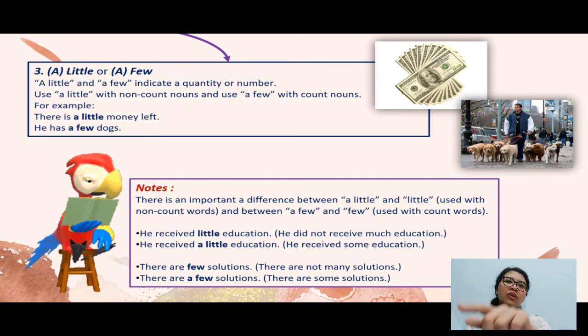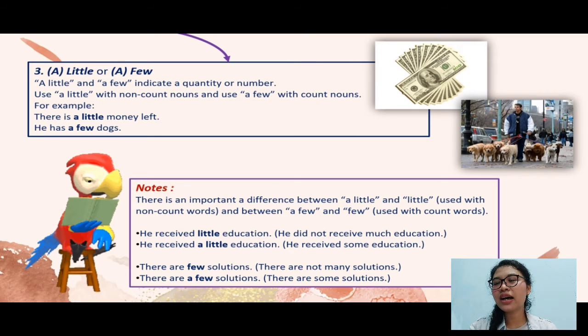So yeah, you just notice the notes. There is an important difference between a little and little, used with non-count words, and between a few and few, used with count words.